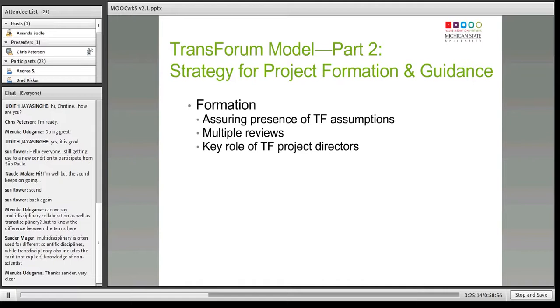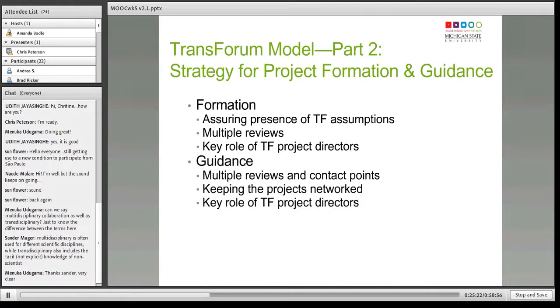There were people within Transforum who were really assigned to oversee the various projects and see that these assumptions were carried out. And then over the life of the project, there was a continuing set of guidance practices where there were multiple reviews and contact points between the project directors on the Transforum side and the project field people on the other side. And they worked to keep the projects networked and communicating with each other.